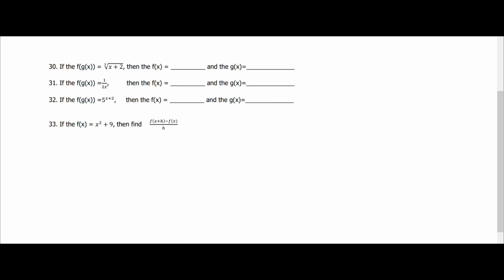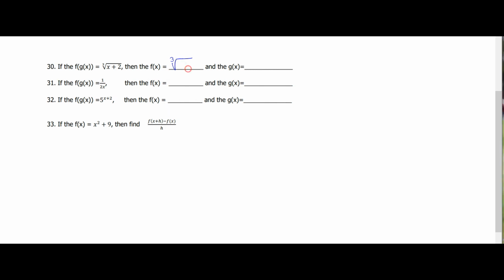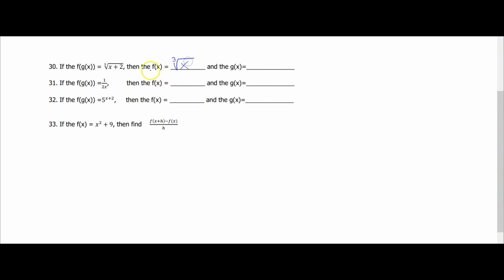Alright, in these last few here, this says if the f of g of x is the cubic root of x plus 2, then find the f of x and find the g of x. It's helpful if we can start to recognize parent functions here. Like I'm noticing that this is a cubic root function right here. So the cubic root of x is what I believe the f of x is. And then what I'm putting in for x is going to be x plus 2.